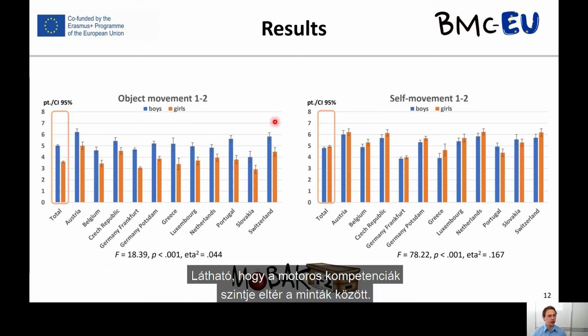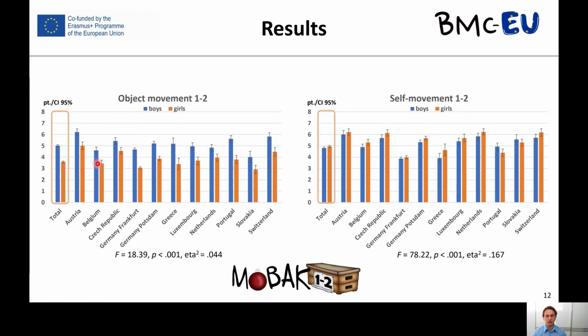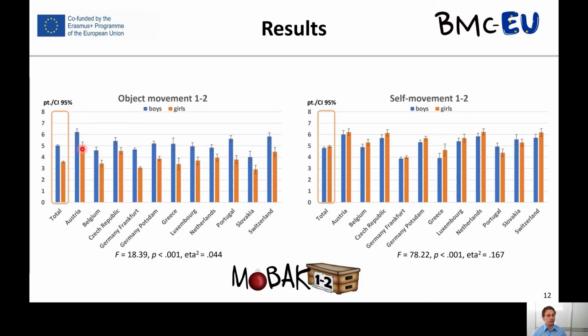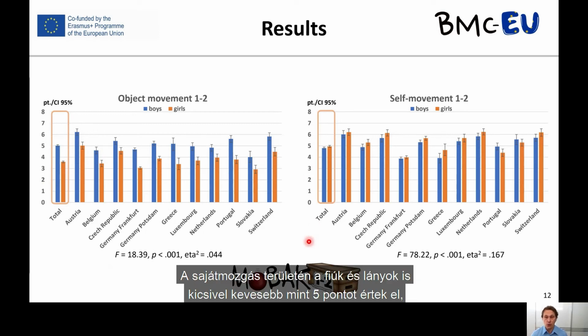You will see here the different levels of the motor competences between the samples. However, girls consistently perform worse than boys in all samples. In the area self-movement, boys and girls score slightly less than 5 points, but we also see significant differences between the samples from different countries.